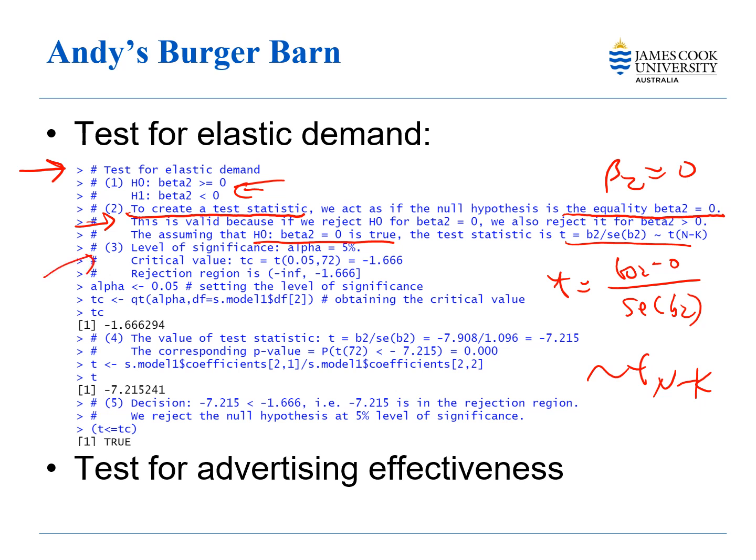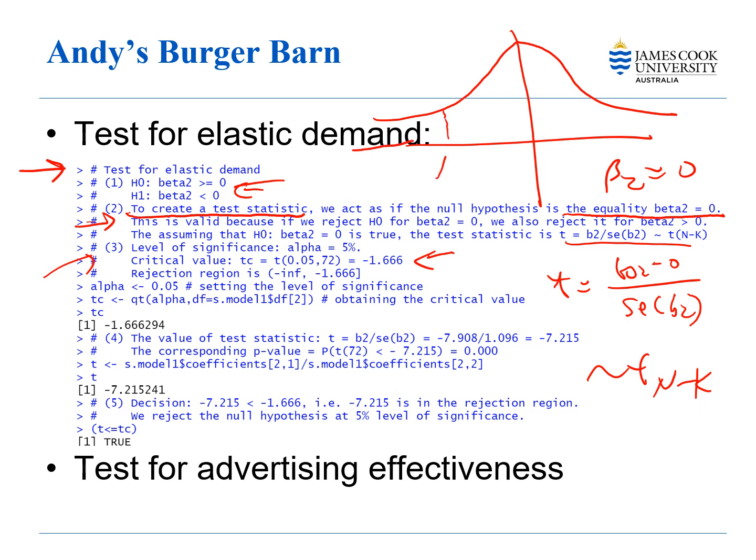Step 3, choose the level of significance alpha. Let's choose 5%. Compute the critical value. So we have a t distribution, very similar to the normal distribution, but note that it is a one-tail test. So we are finding the critical value so that our alternative is beta 2 less than 0. So we are looking at this tail. We want the probability in this tail to be 5%.